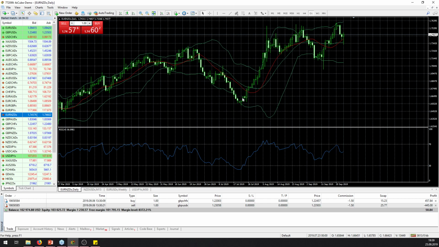As you can see, if you had entered a buy trade at this point, the relative strength index has also confirmed that the downtrend is oversold. The Euro Kiwi, or Euro New Zealand dollar, that's what this chart is showing, is very oversold. The relative strength index is at a value of 23, as you can see here.